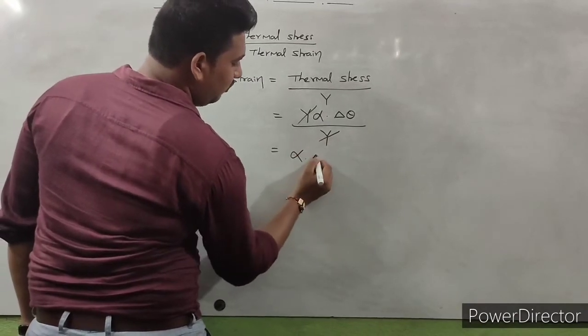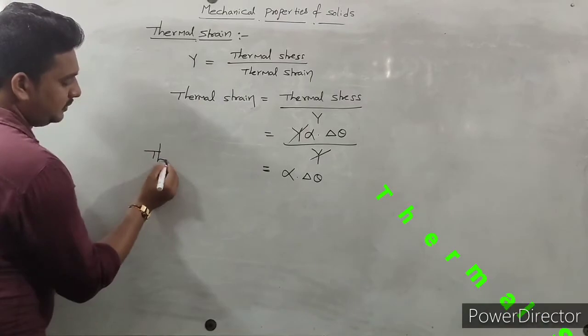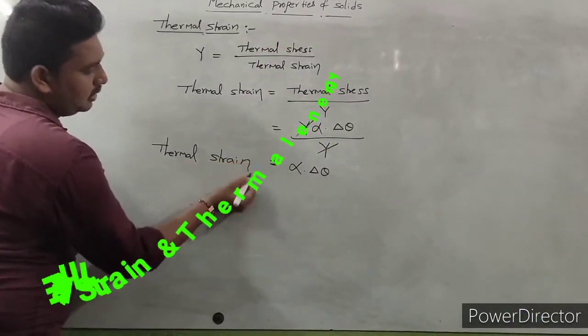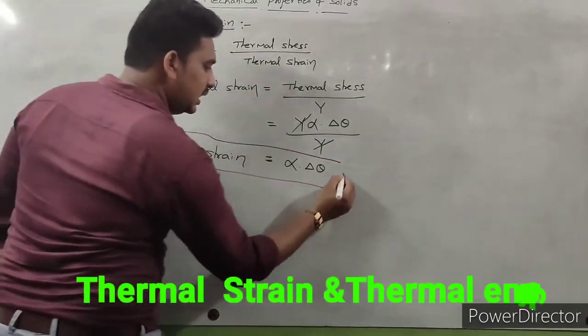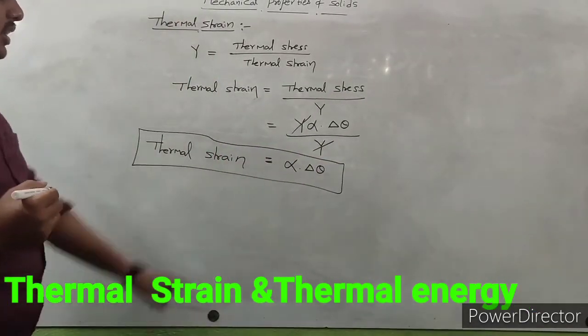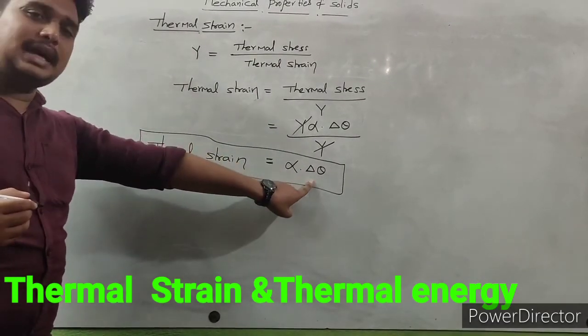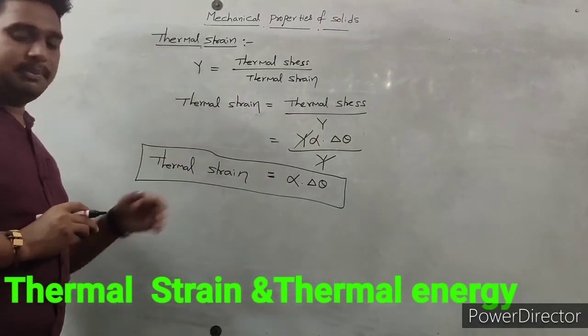What we get is alpha into delta theta. So thermal strain is equal to alpha into delta theta, where alpha is the coefficient of thermal expansion and delta theta is the change in temperature. This is very, very important.